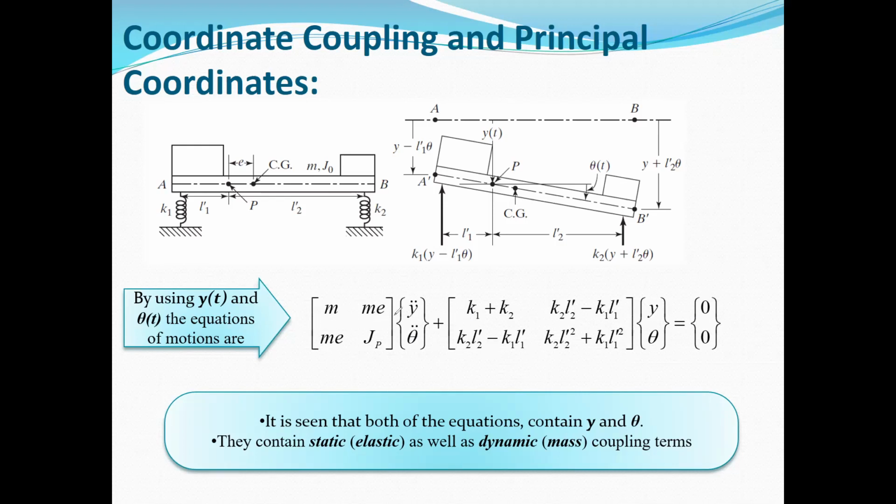I mean here by changing the coordinates from x and theta to y and theta, the equations will be dynamically coupled. But by moving the coordinates from y and theta to x and theta, you can decrease the coupling level of your equations, and you can vanish the dynamical coupling in your equations.